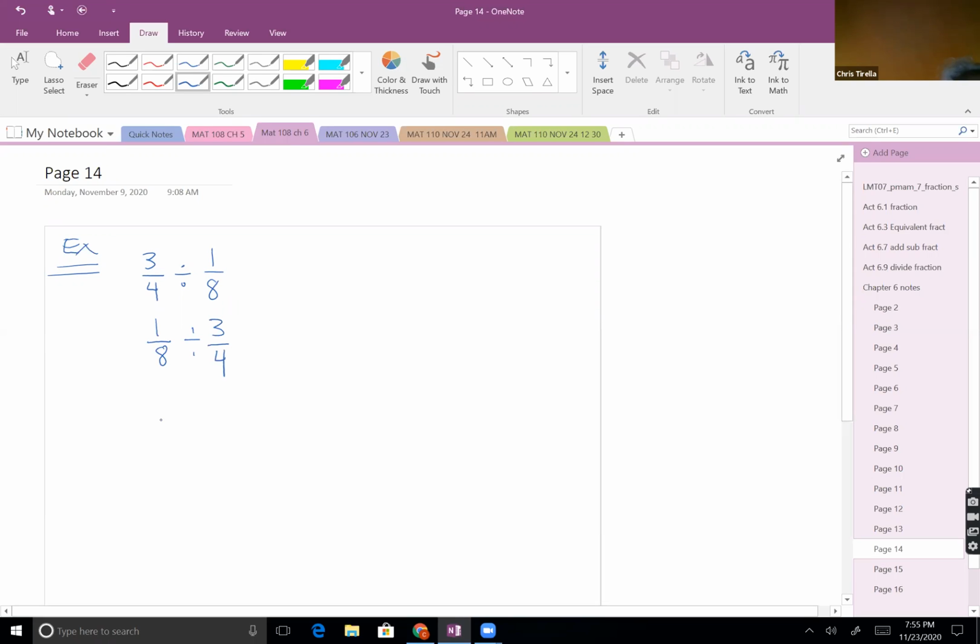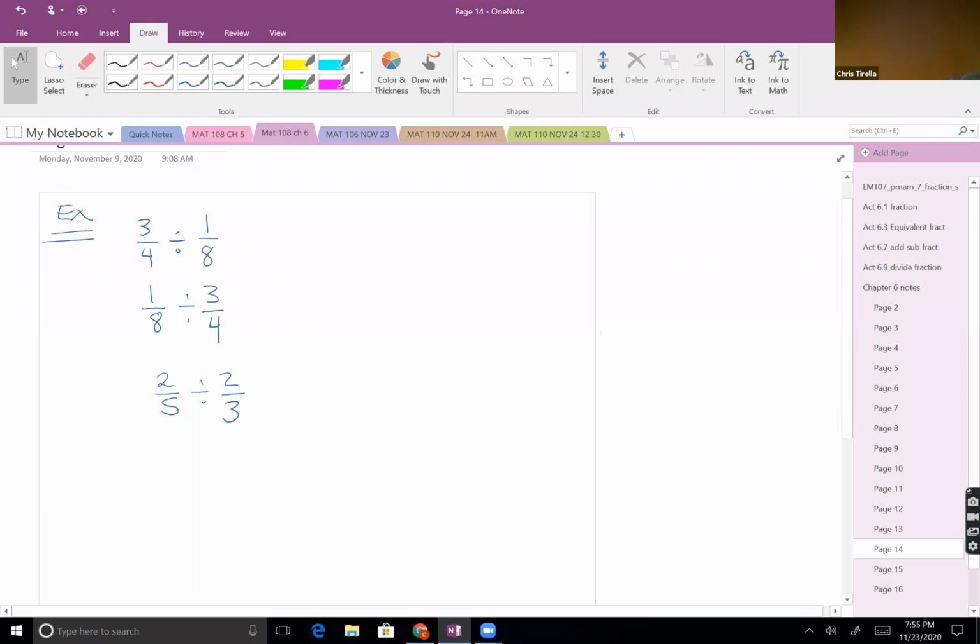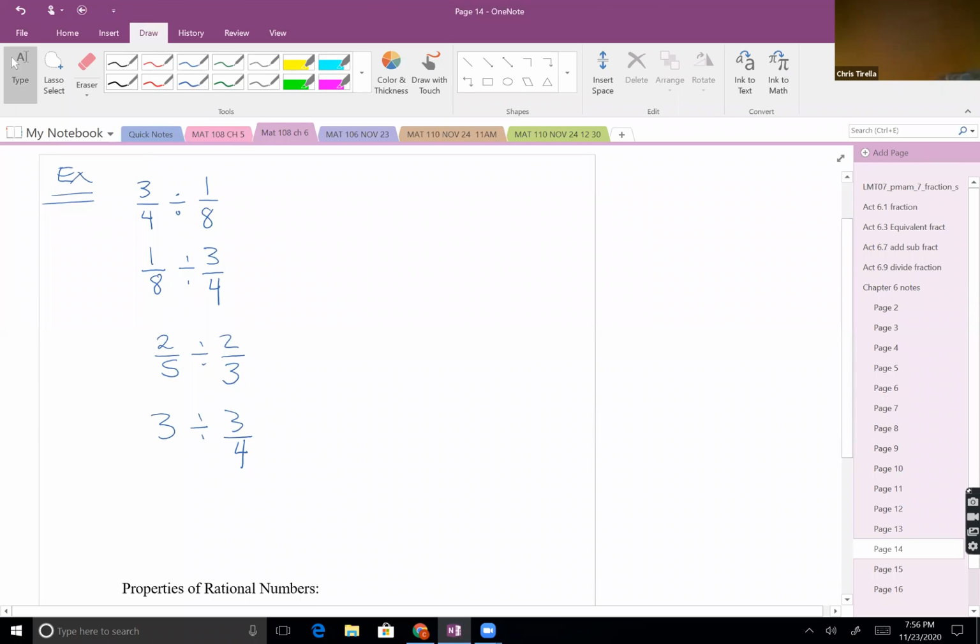I'm going to ask you to take 2/5 and divide it by 2/3. I'm going to ask you to take 3 and divide it by 3/4. And let's see if we can fit one more in here. 4 1/6 divided by 2 1/3. And I'm going to give you folks a few minutes to work those out.